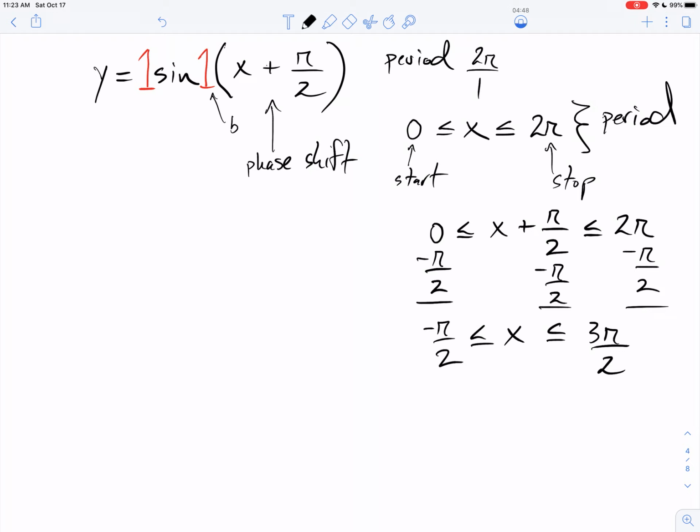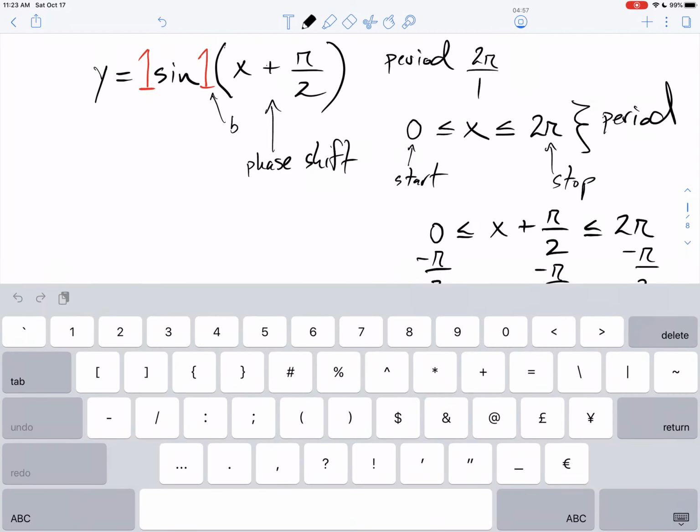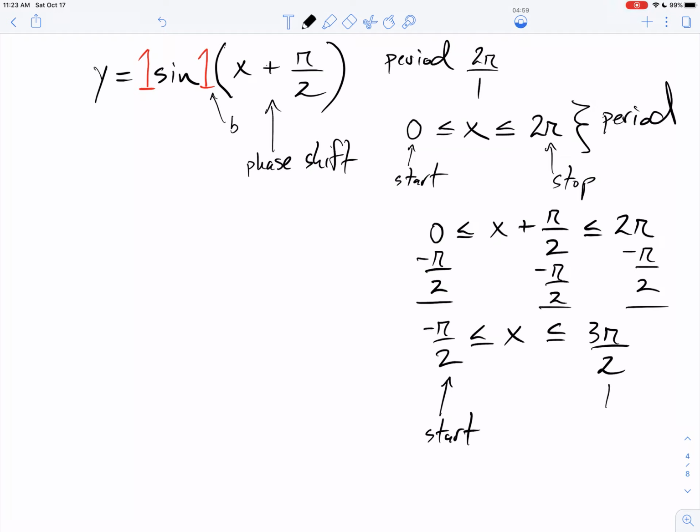So here we go. This is now where my graph is going to start. This is now where my graph is going to stop if I'm going to graph it over one period.